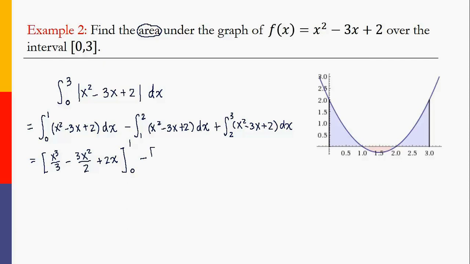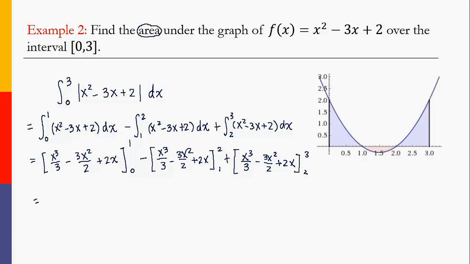We need to subtract the same thing, x cubed over 3 minus 3x squared divided by 2 plus 2x, and in this case we evaluate from 1 to 2, and plus the antiderivative x cubed divided by 3 minus 3x squared divided by 2 plus 2x from 2 to 3.